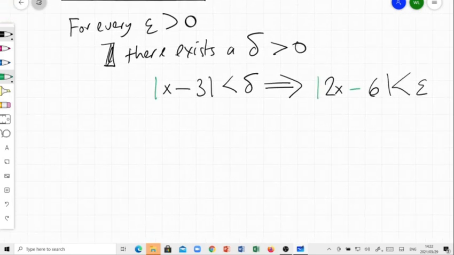Then this guy 6 can then say he's the limit. So that's the first thing. Write it out in the formal definition of a limit.